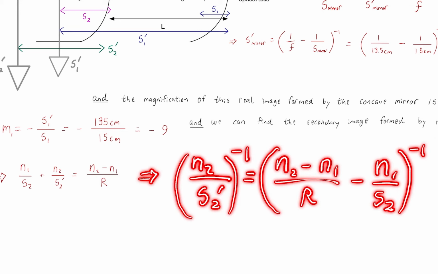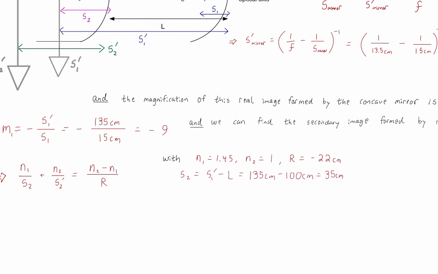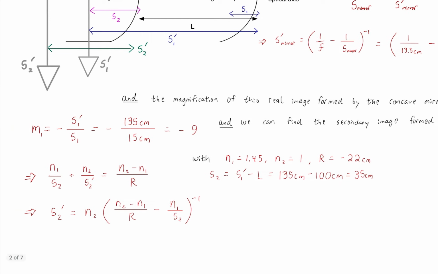So then when I cross multiply and get my S2 prime by itself, I'll get that S2 prime equals N2 times that difference raised to the negative 1 power. Because you already saw that when I started to isolate it, I ended up with this term minus this term, which you can clearly see within the parentheses, all raised to the negative 1 power.